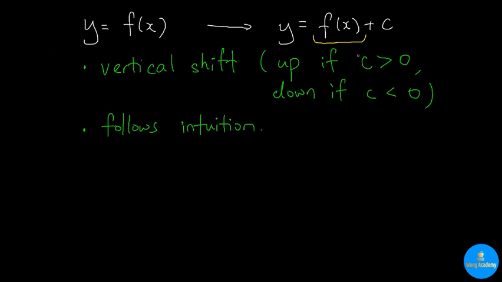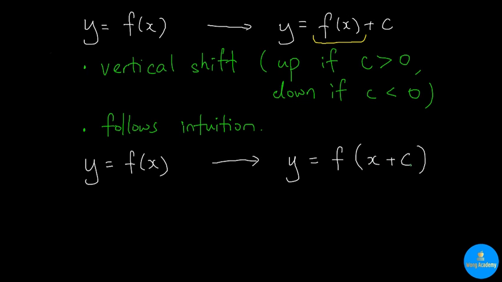On the other hand, if we have y equals f of x changed into y equals f of the input x plus c, then we are performing a horizontal shift on the graph.